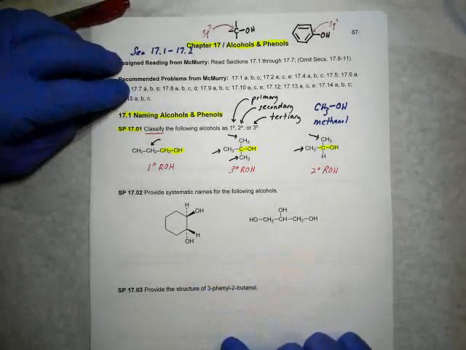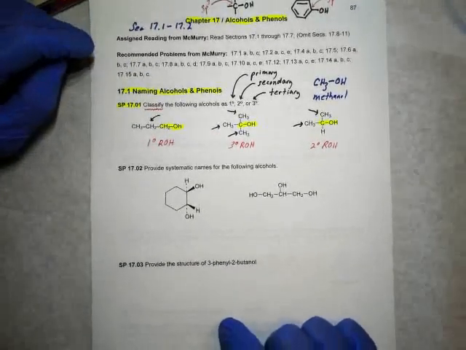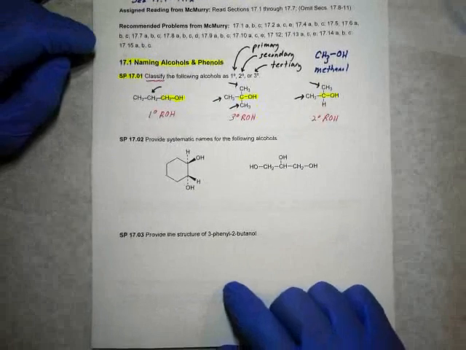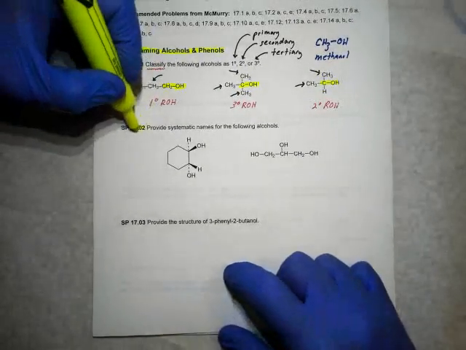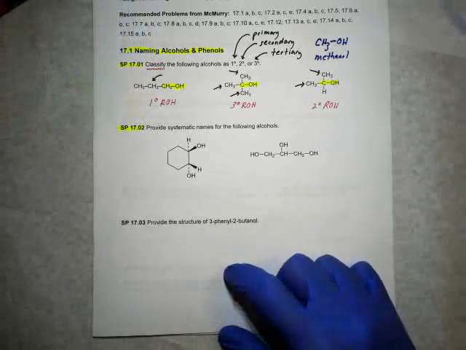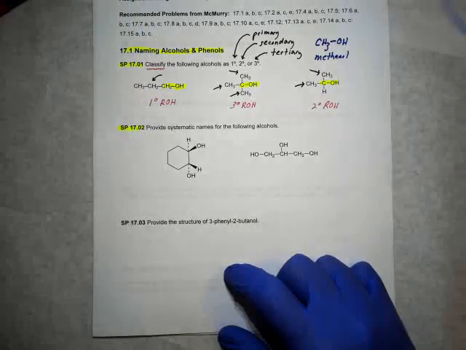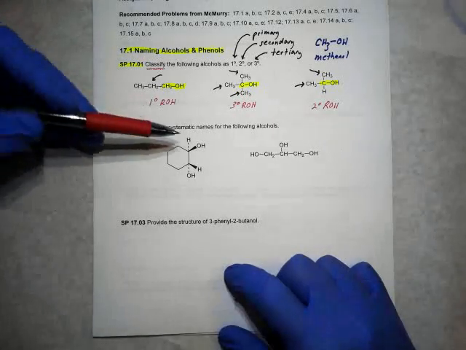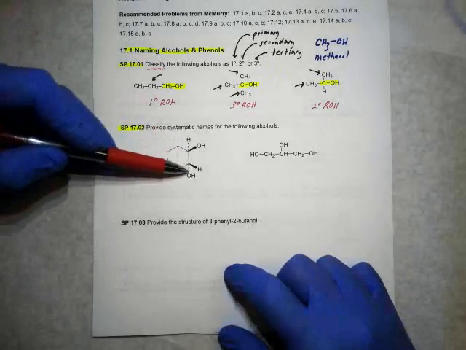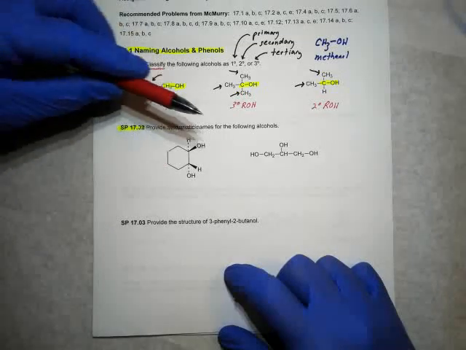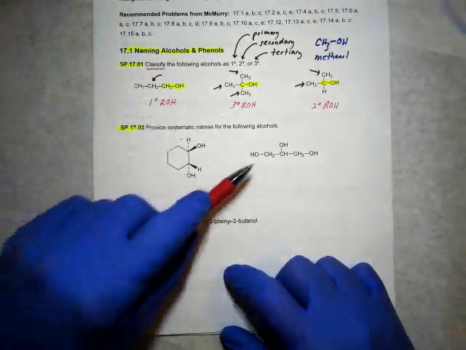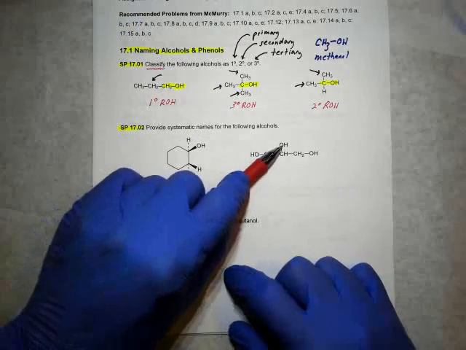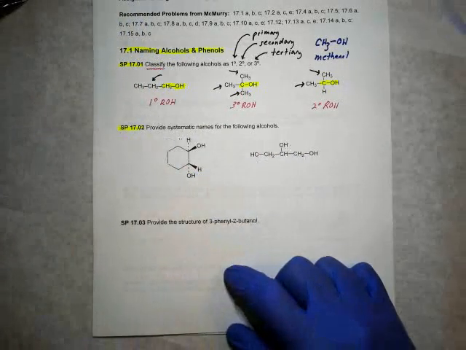Now let's move down the page where I have sample problem 17.02. And here we're going to work on nomenclature of alcohols. Now these alcohols turn out to be a little bit different because you may notice we have more than one OH group attached to the carbons. Here we have 2 OH groups, and in the second example we actually have 1, 2, 3 OH groups.